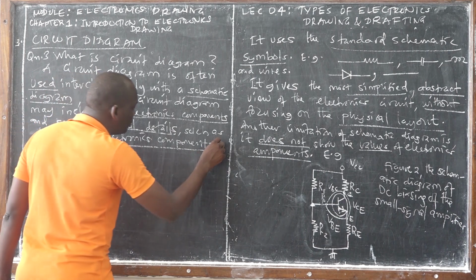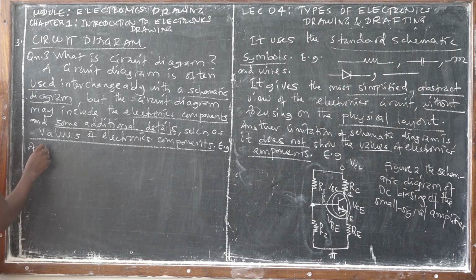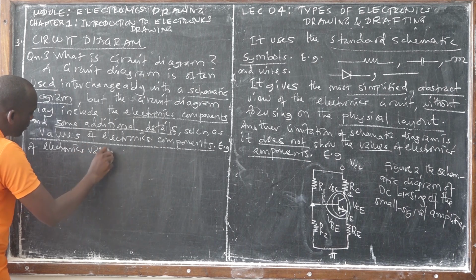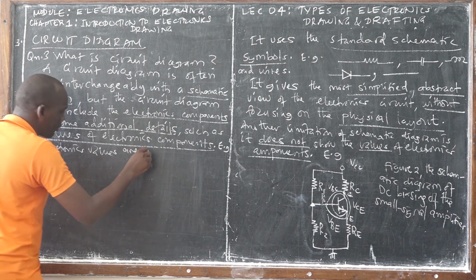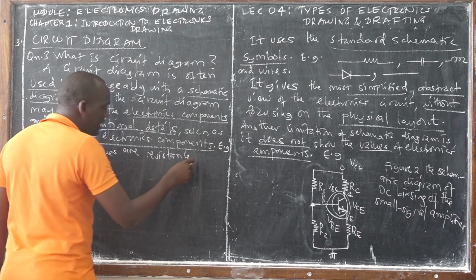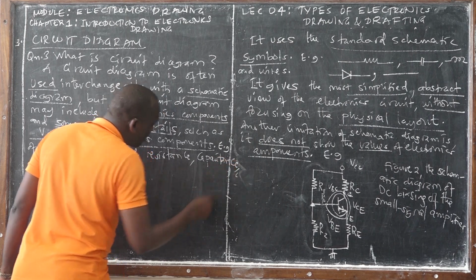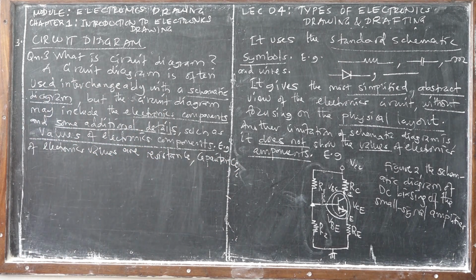Examples of these values, the electronics values that we are talking about: resistance, capacitance, not capacitor. Capacitor is an electronics component; capacitance is an electric property.